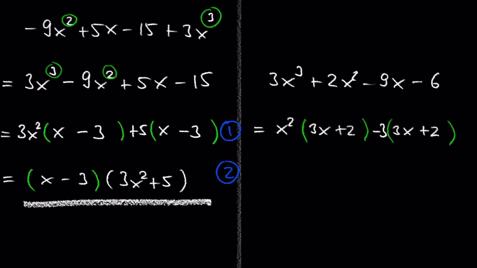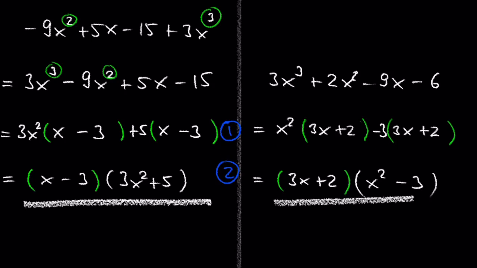Again, the next step we are going to do now is factoring out 3x plus 2. And what's left over is x squared minus 3, which becomes our second factor. And we are done with this problem.